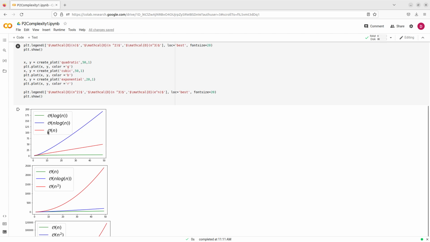Okay, these functions that describe the behavior can sometimes obscure what it means in terms of the difference between the time it takes to run one algorithm and the time it takes to run another. And to illustrate this a little bit, I have drawn the functions that represent some of the classes that we are going to see in this course, and I have drawn them together to illustrate a little bit the differences.